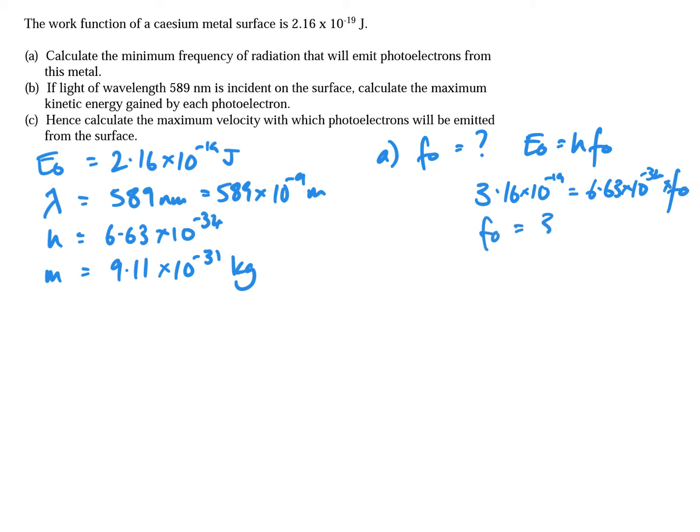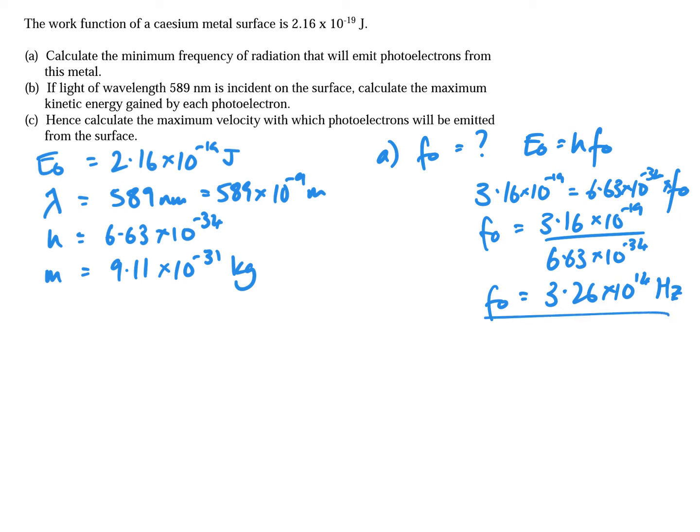And we get F naught is 3.16 times 10 to the minus 19. That's our answer for part A.